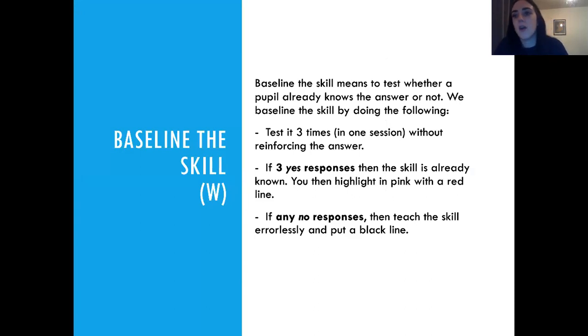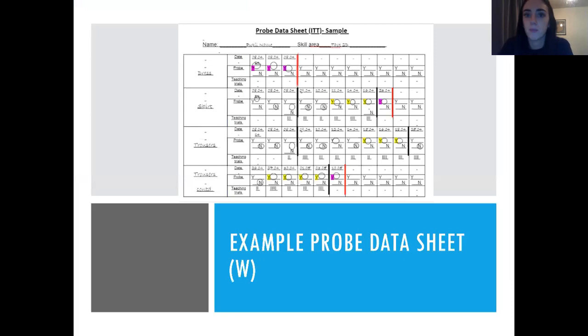If any of our responses during the baseline was a no, then we will put the skill into teaching. It now becomes a target. So if you look at our second example in this sheet here, the second example was skirt. The first time they asked the pupil to label the skirt, they got it right. They said skirt. The next time they got it wrong, and then the third time they got it wrong.